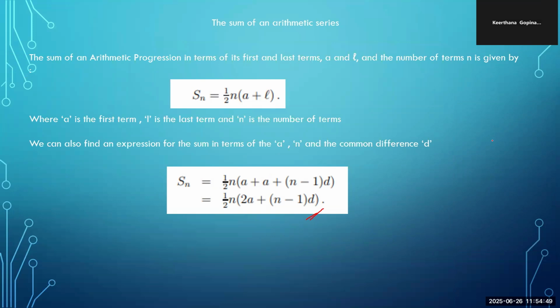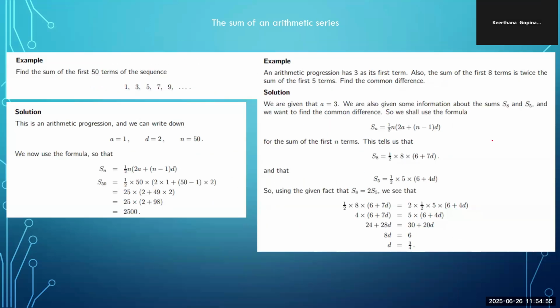If L is not given, you have to use half n into 2a plus n minus 1 into d. So in this sum, the last term is not given, and d is not given here, you have to find d.